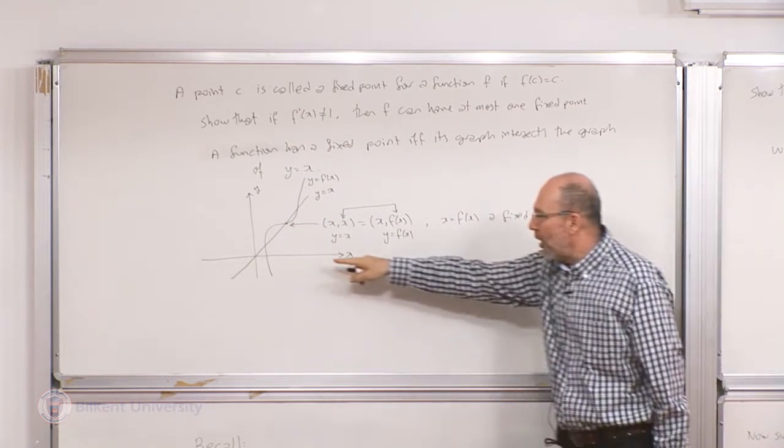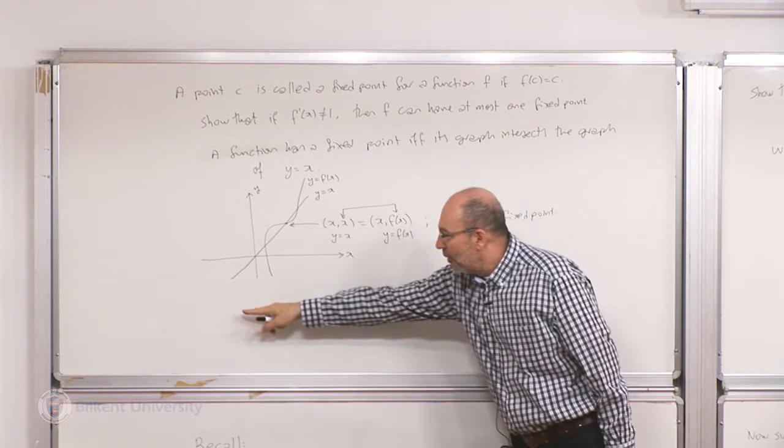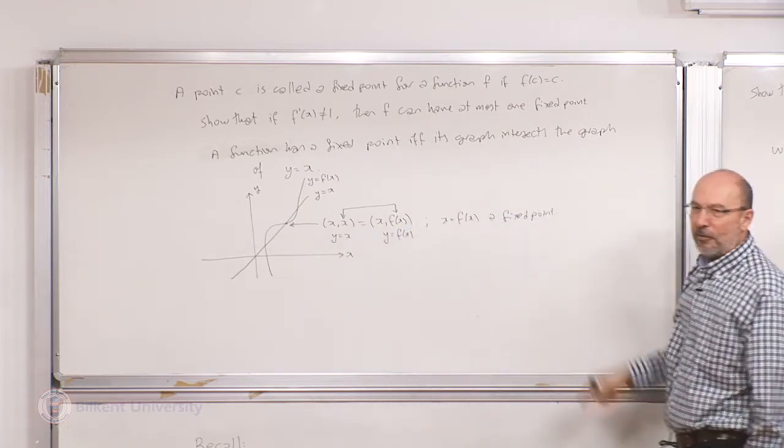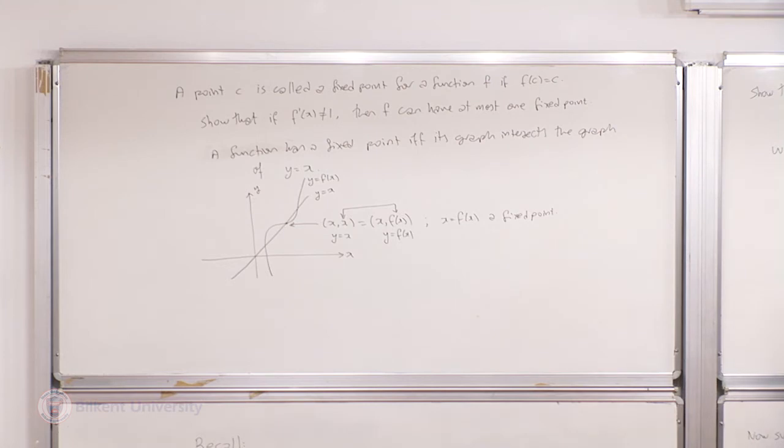Or you can have a function that goes like this. For example, take the logarithm. Its derivative is 1 at x equals 1, but even then it doesn't hit the line y equals x, so it doesn't have any fixed point.